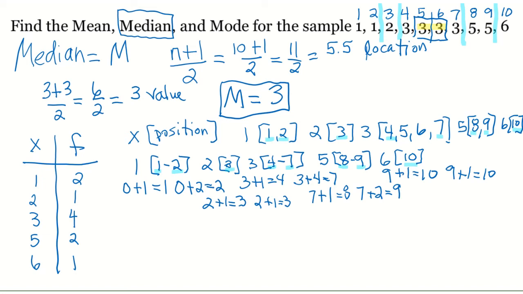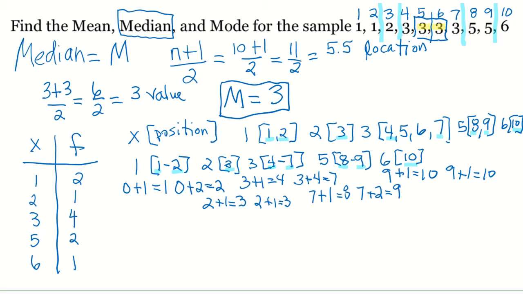So in the brackets are the positions that each of those values carry. So now that we have figured out the positions, then we solve it exactly the same way that we did before.